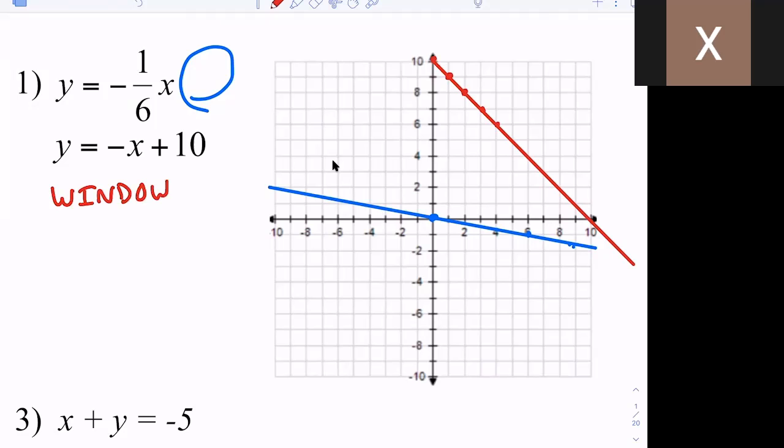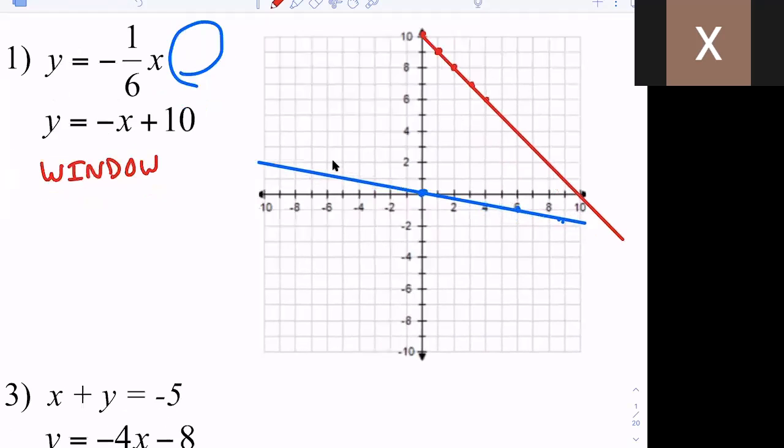What variable are we changing? The x maximum. Change x max to 20, then hit graph.